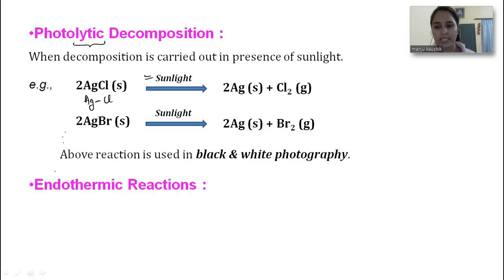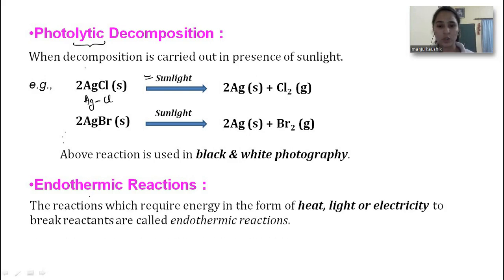So students, let us now do endothermic reactions. All these reactions which we have done in decomposition, whether thermal, electrolytic or photolytic, all these reactions are endothermic reactions. Endothermic reactions means those reactions which require energy in the form of heat, light or electricity to break the bonds of the reactants.